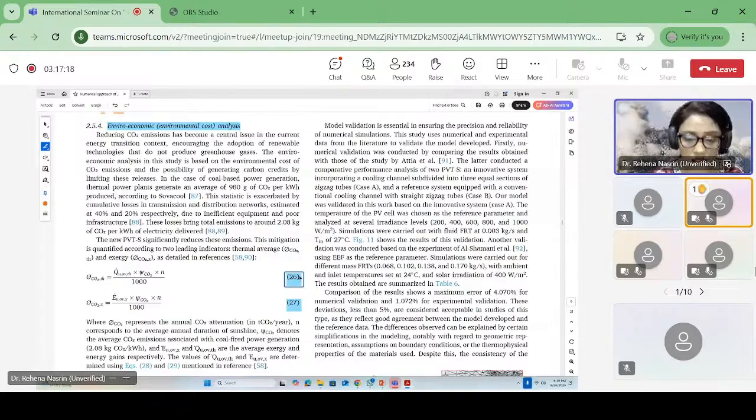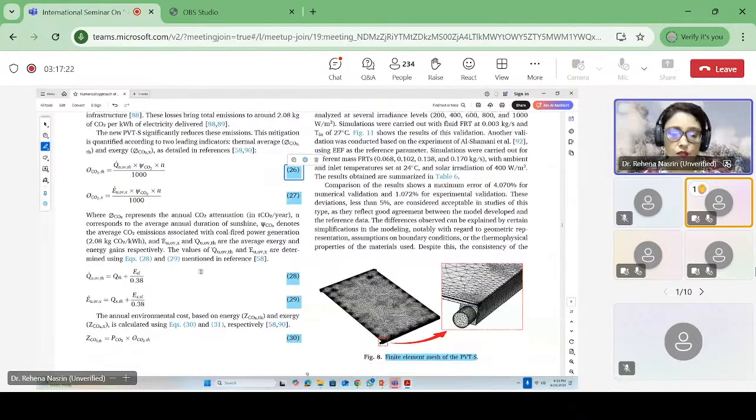We can calculate this by equations 26, 27, 28, 29, and 30. All these are equations for environmental and economic purposes.